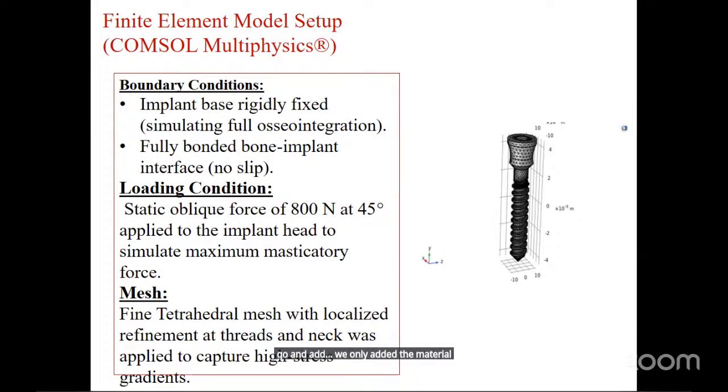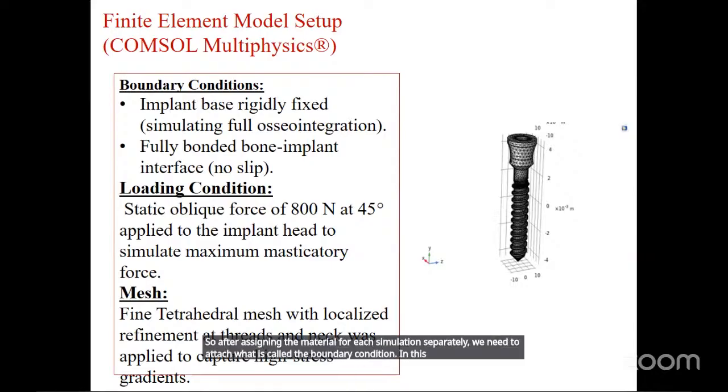But in the case of zirconia and zinc oxide, we need to create a new material. So we have to go to existing literature to look for the Poisson's ratio and Young's modulus of the specific material we want to use, and then we assign it. After assigning the material for each simulation separately, we need to attach what is called the boundary condition.